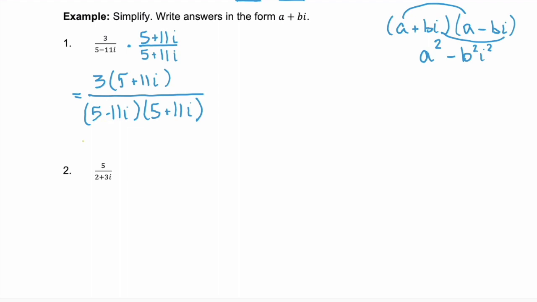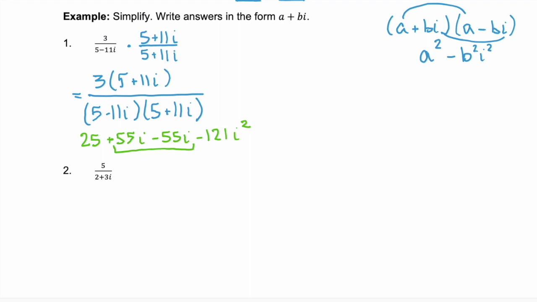So first is 25. The outer term is a positive 55i. And the inner term, because these are difference of squares, is negative 55i. And last is negative 121i squared.